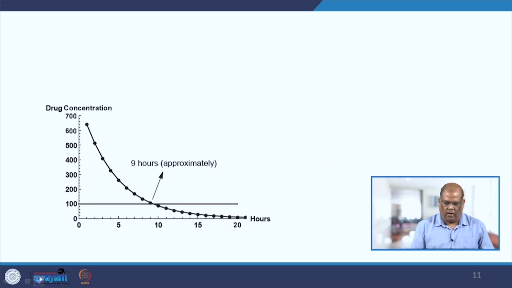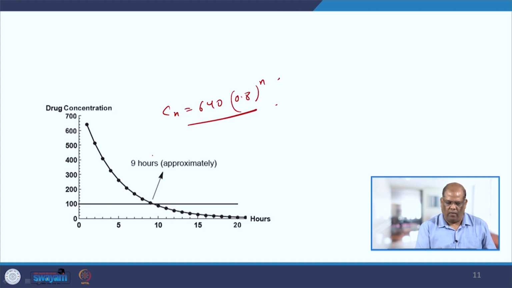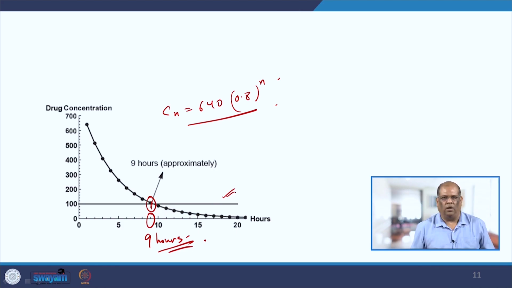In this, it is shown that this is the concentration of the drug, which was Cn equal to 640 into 0.8 to the power n, and we have plotted this, and this is the line for 100 mg per L. Both intersect somewhere here, and it shows that approximately 9 hours will be needed so that the concentration of the drug reaches 100.